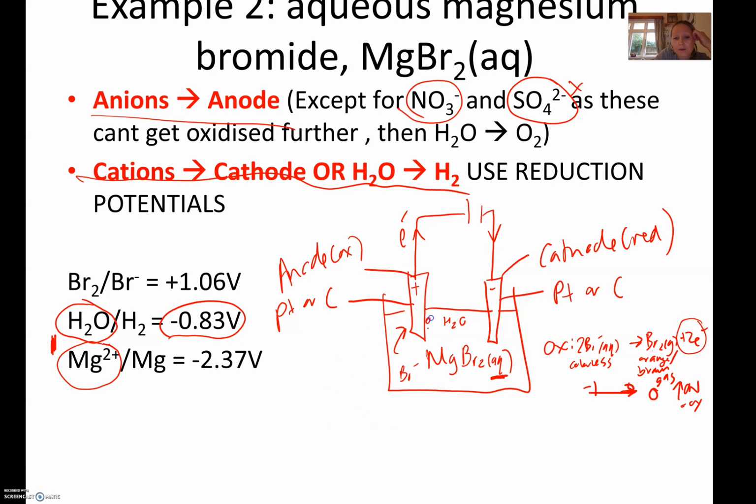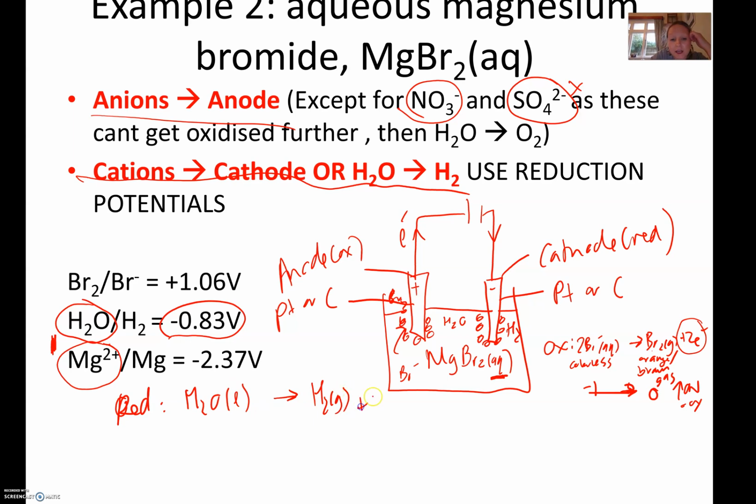So we're going to see bubbles of bromine here, bubbles of H2 here. Okay, so H2, Br2. So let's go through the equation. So our reduction equation is going to be H2O liquid going to H2 gas.